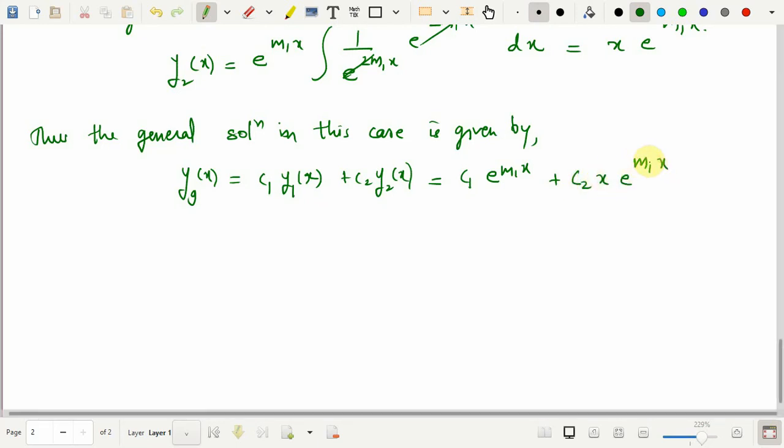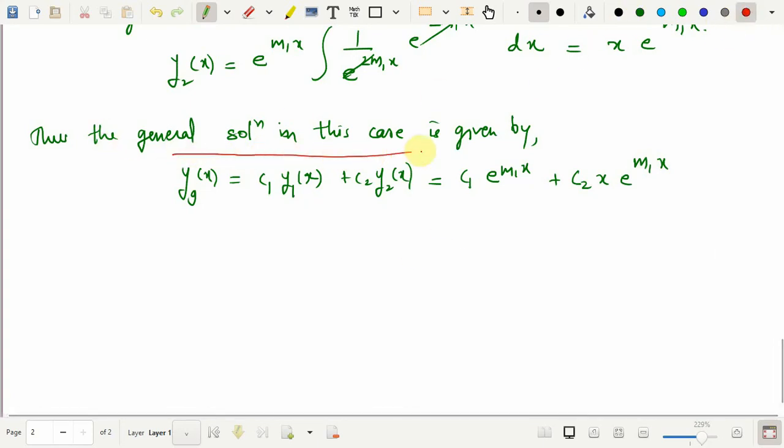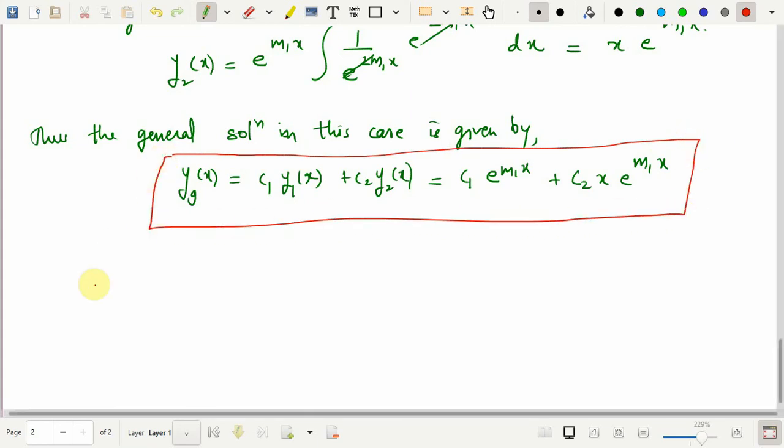Remember that m1 is the only root which is repeating twice. So this is again important. I would put this in a box. This is case 2 in a nutshell.